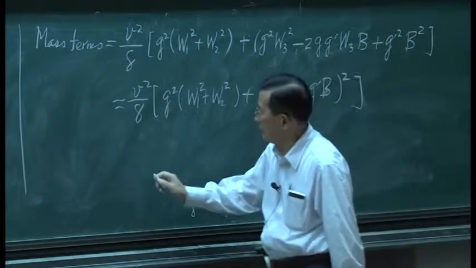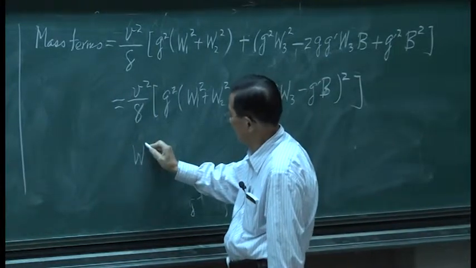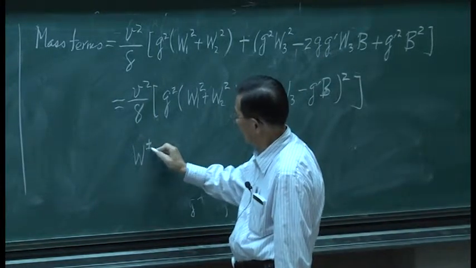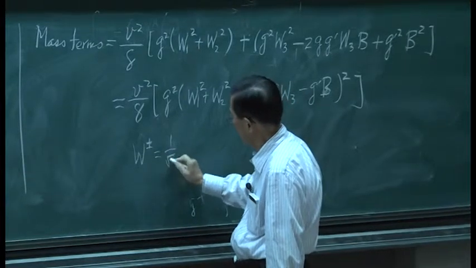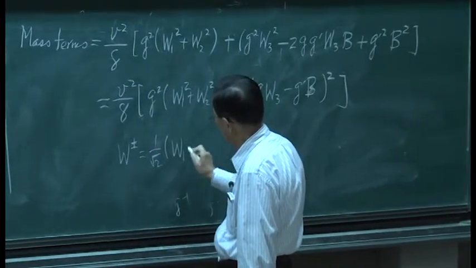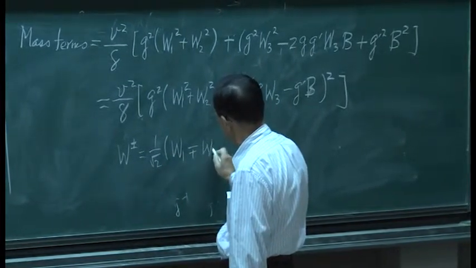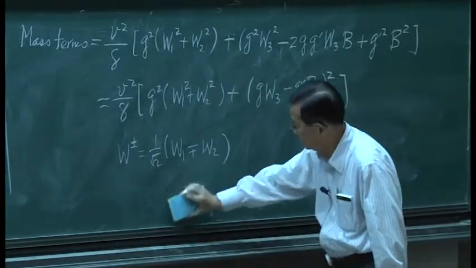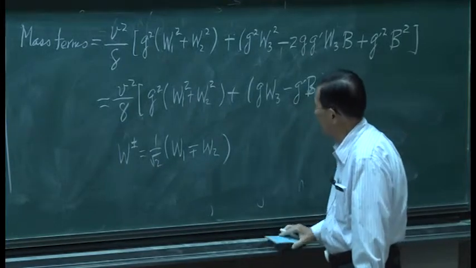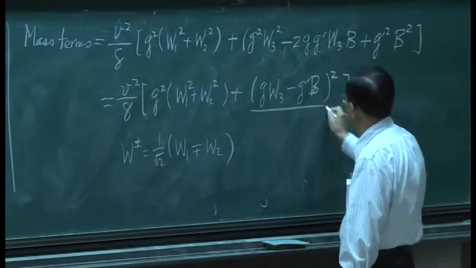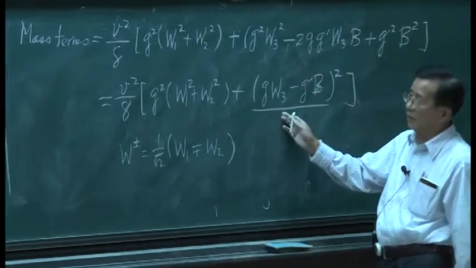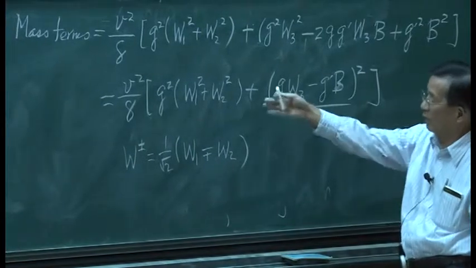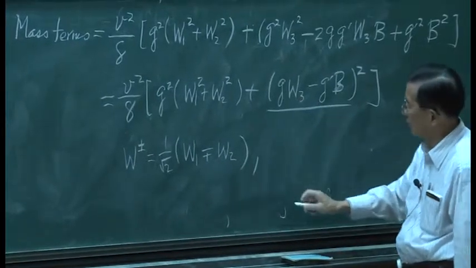Now if you call W plus/minus equal to the square root of 1/2 times (W1 minus/plus i W2) for the charged bosons, then clearly this is a particular combination which gives me one of the massive gauge bosons.